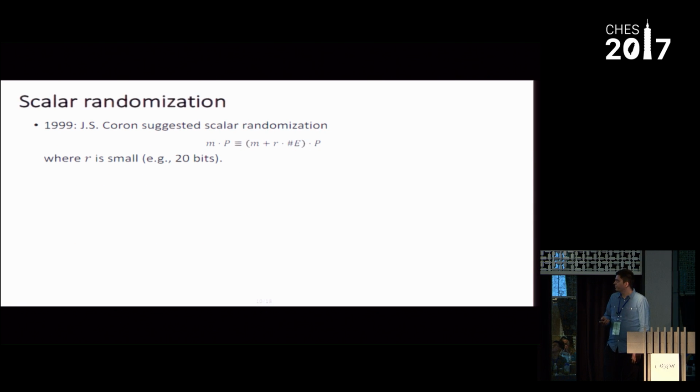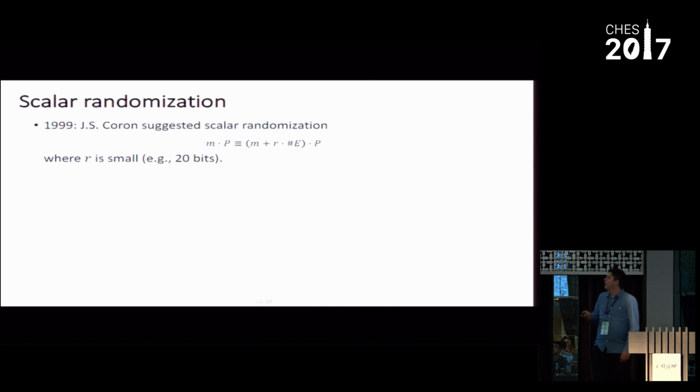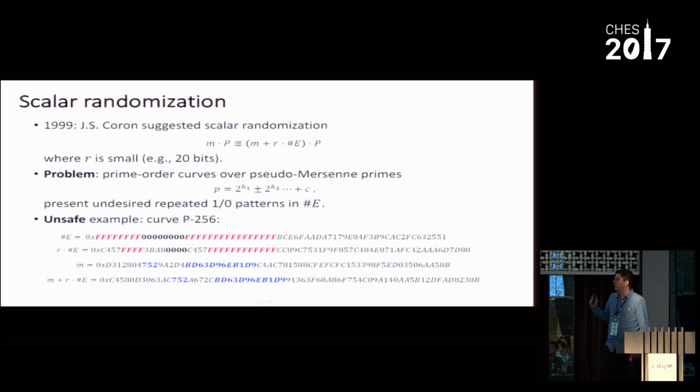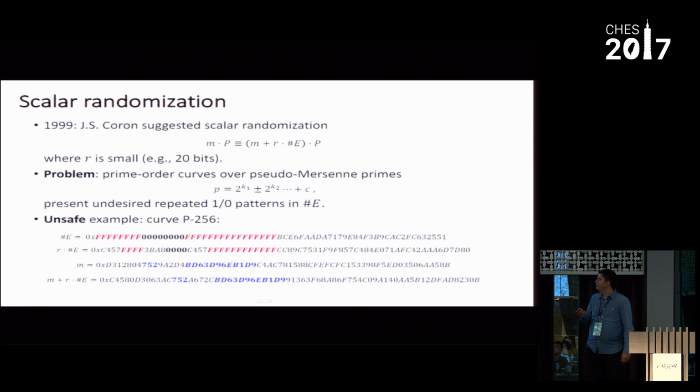And let's look at the first one in our context. It's suggested to randomize the scalar, where the randomization element R would be a small element, like 20 bits.